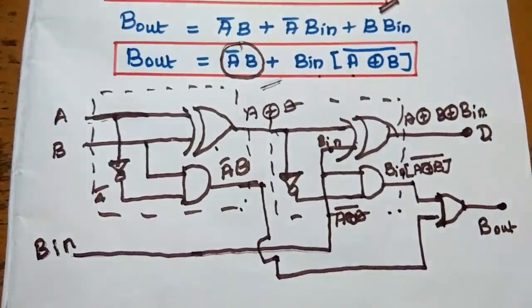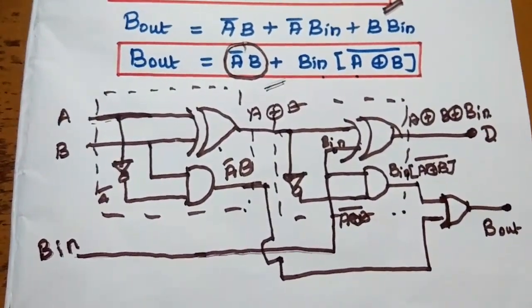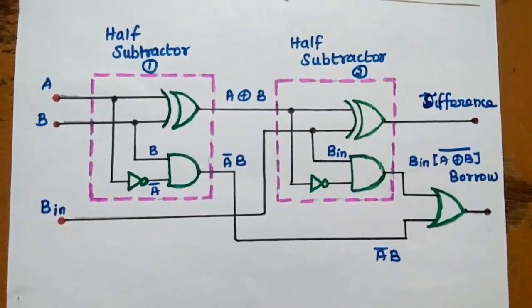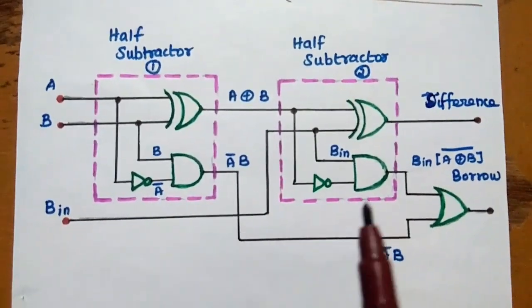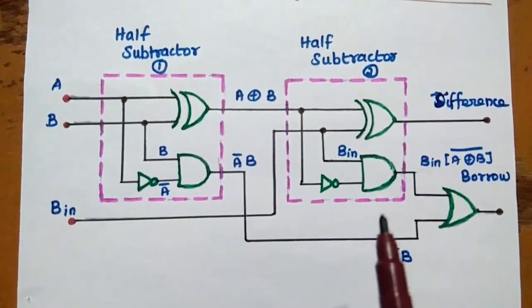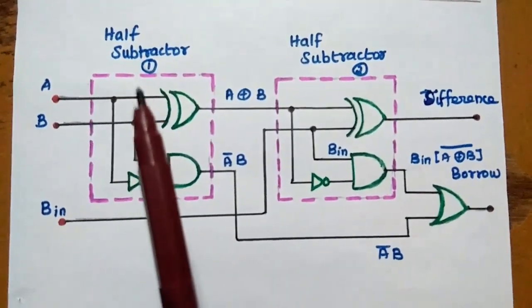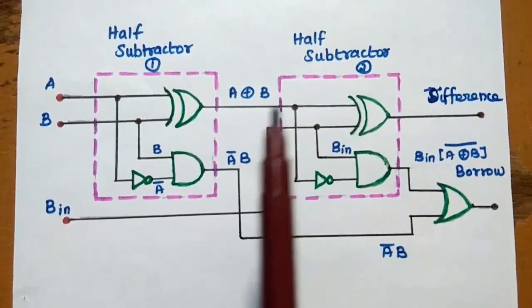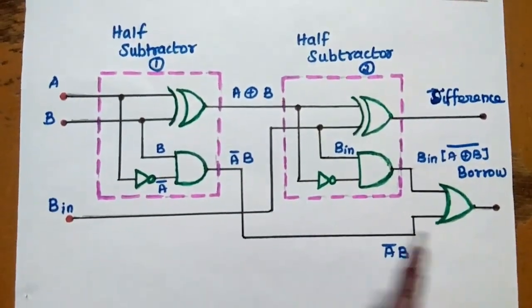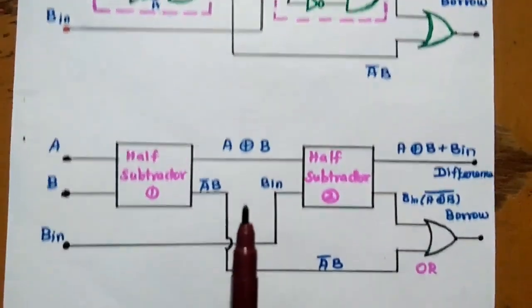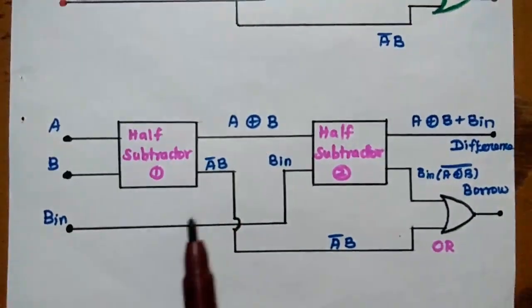Do you all understand how we draw the full subtractor using half subtractors? Finally, we have drawn the full subtractor logic diagram using half subtractors. For that we need two half subtractors and one OR gate. Do you all understand?